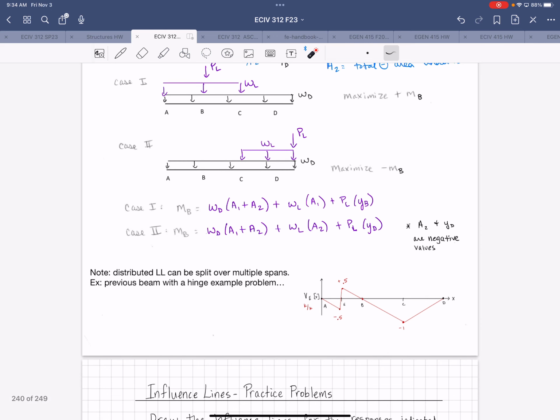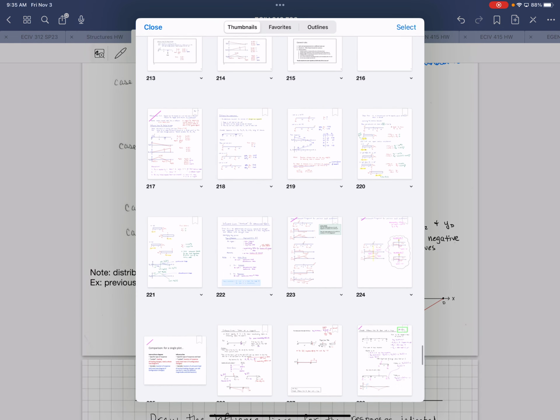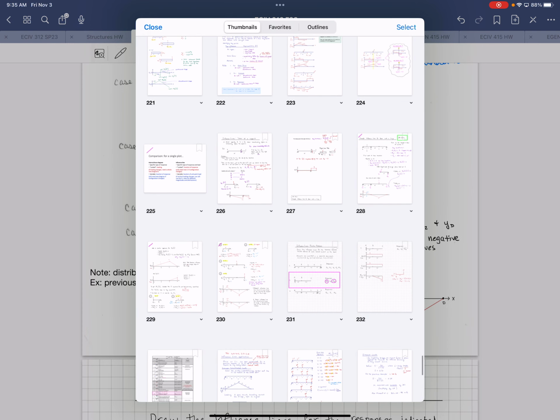So my final note here is that the influence line can be split over multiple spans. There was an example that I showed you, but we didn't go through. It's one of the examples on D2L as a practice problem for you to go through. It's for a beam with a hinge. And one of the influence lines that was determined in that example is for shear. I think I have it in my notes, so it might be good if I went back and showed you.